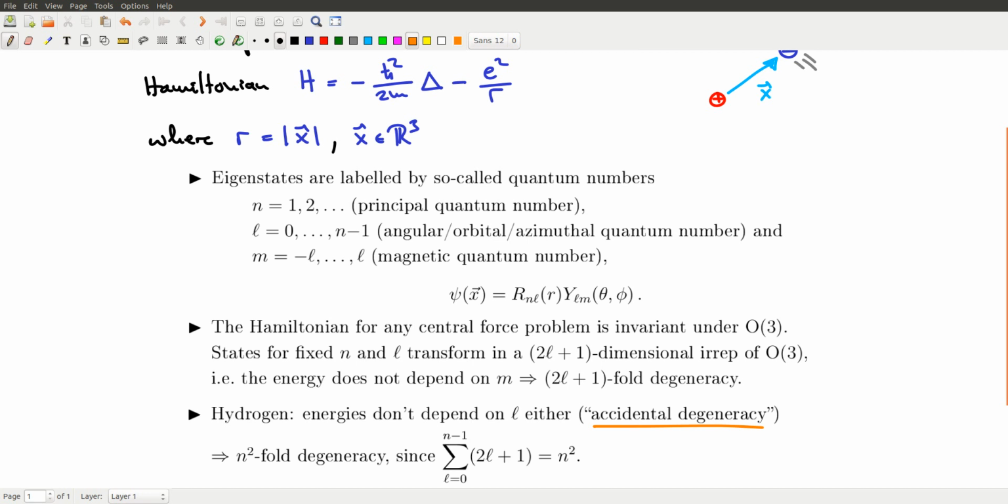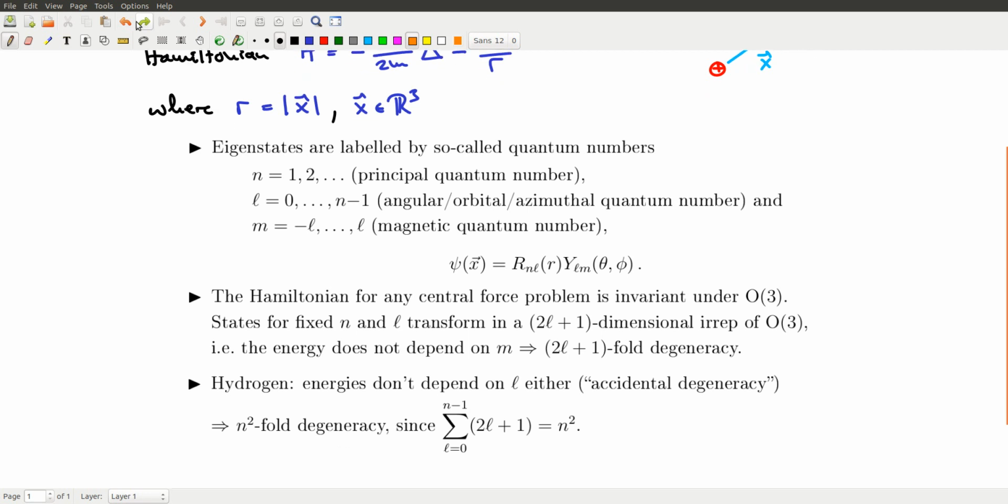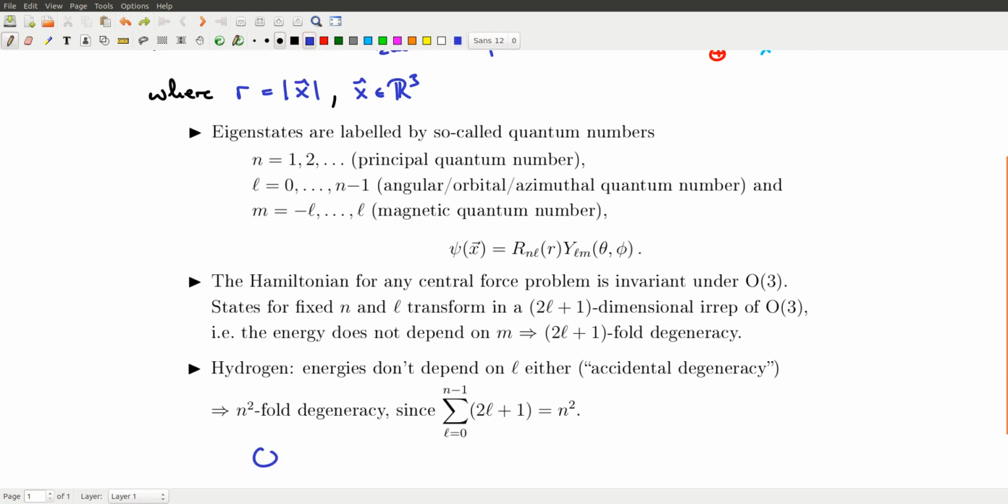And then in the end, if you analyze this further from the symmetry point of view, you find that actually the symmetry of this system is a higher symmetry. It's more symmetric than just this O3 symmetry. There is actually a hidden O4 symmetry.